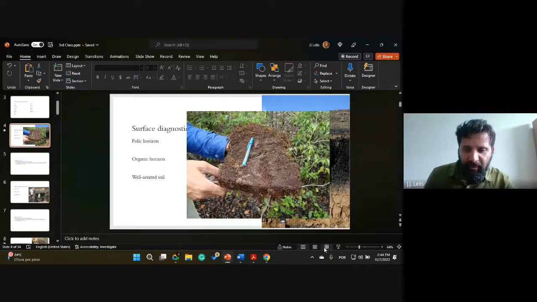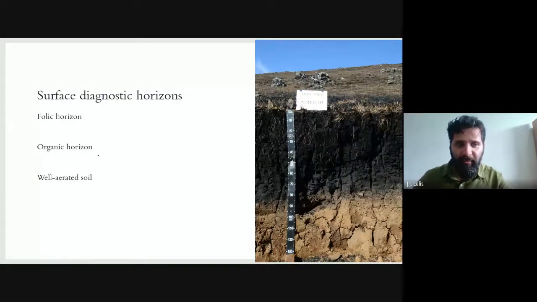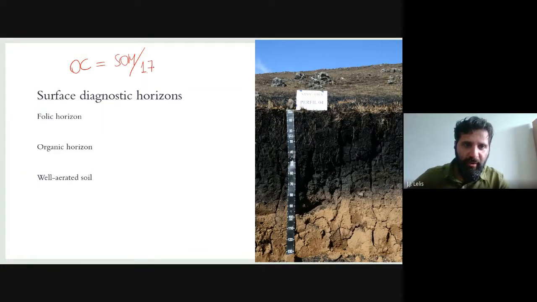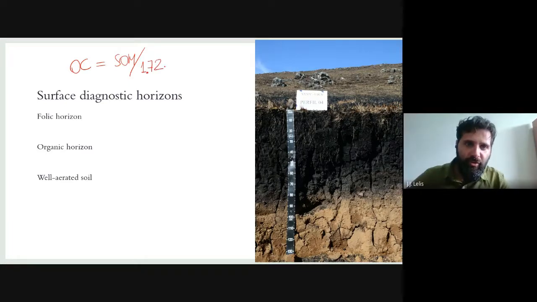It's very easy. To find the content of organic carbon in a horizon, we just need to calculate a ratio between the soil organic matter and a factor of 1.724.